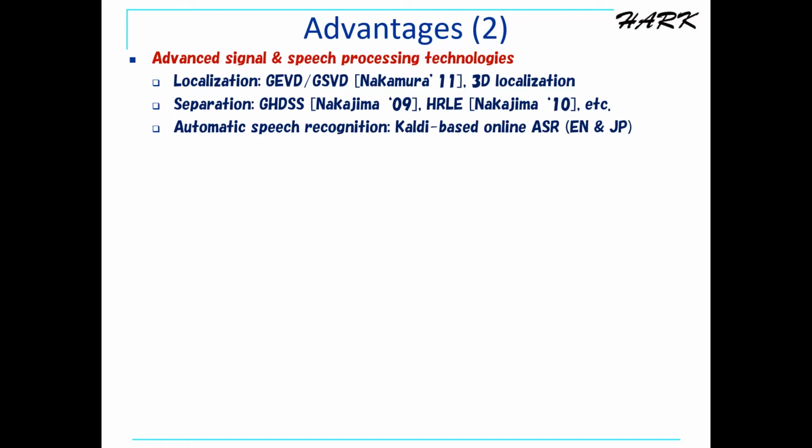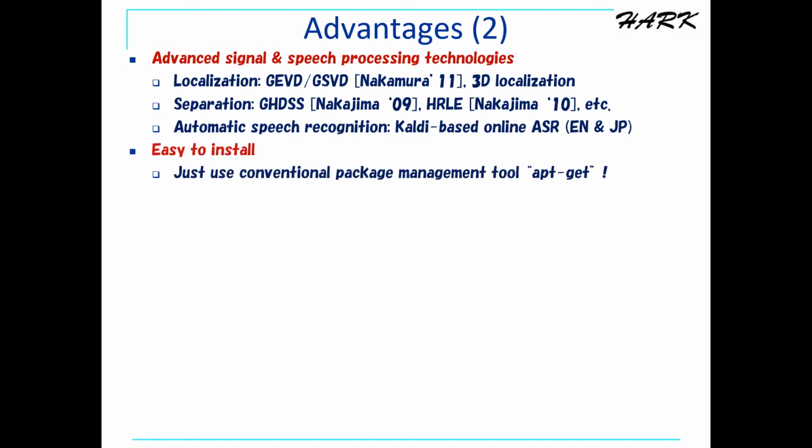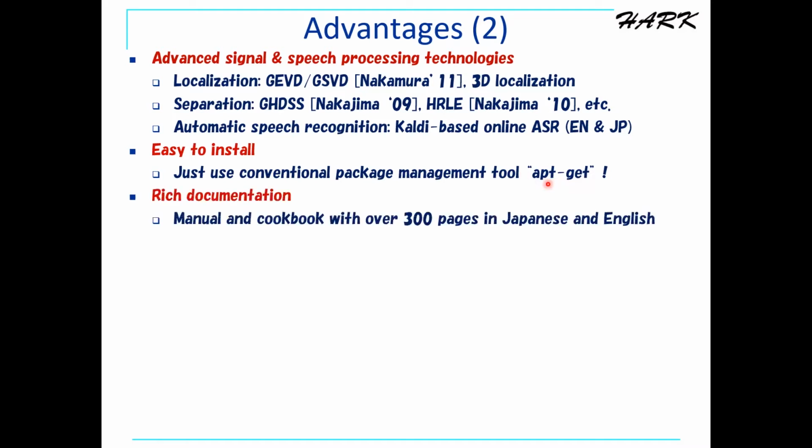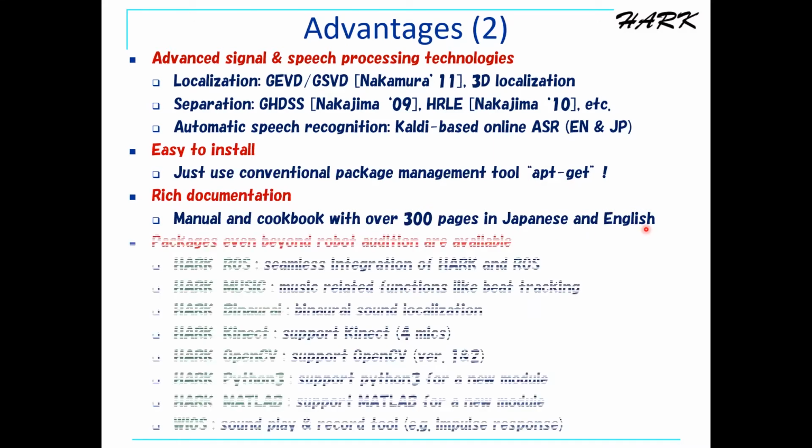Hark is user-friendly. For example, installation is very easy. It is okay to use apt or apt-get when using Debian-based Linux. Detailed documentation, such as manuals and a cookbook, is available both in Japanese and English.